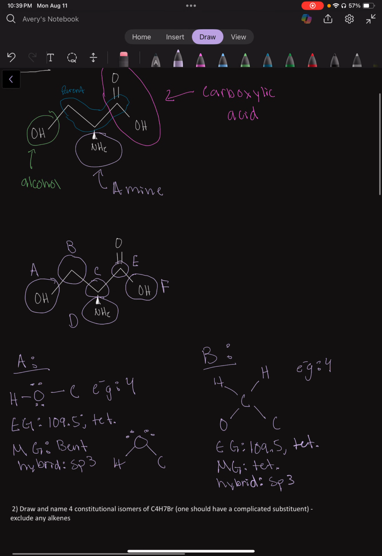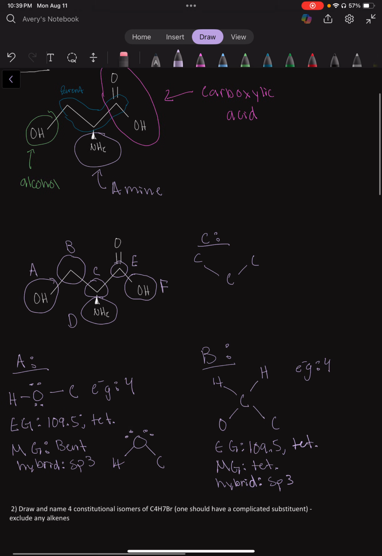So now let's move on to molecule C. I don't know where I want to put this. We'll put this here. Molecule C. We have a carbon bonded to another carbon, bonded to another carbon, bonded to a hydrogen, and bonded to a nitrogen.